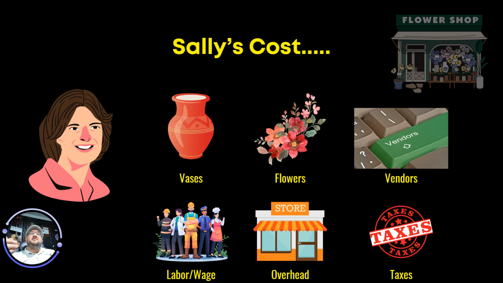So when we think about Sally's costs, I want you to think about the vases, the cost of those, the cost of the flowers, what other vendors she has. Maybe comparing her staff, her labor and wages. What are some overhead costs, right? Such as utility bills, cable, advertising, maybe some things like that.